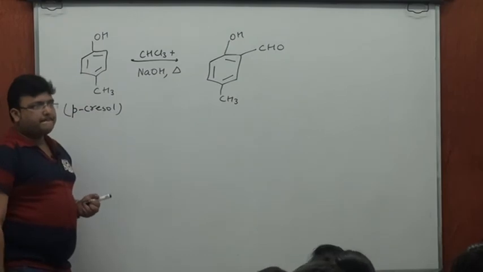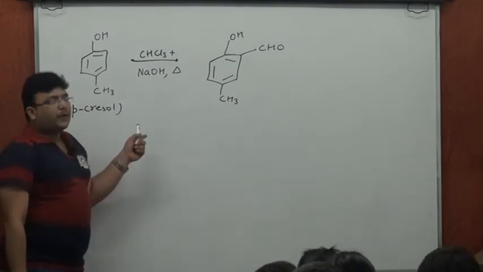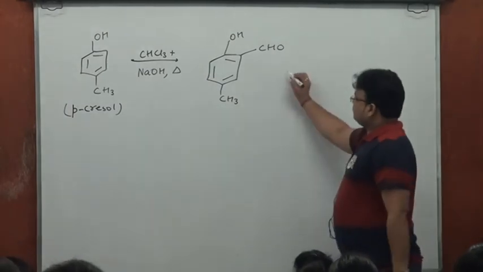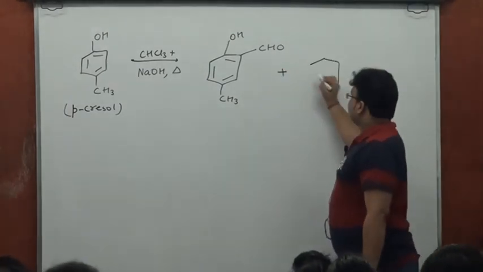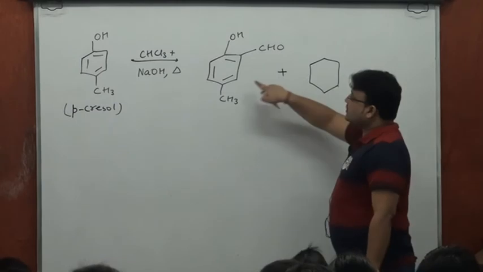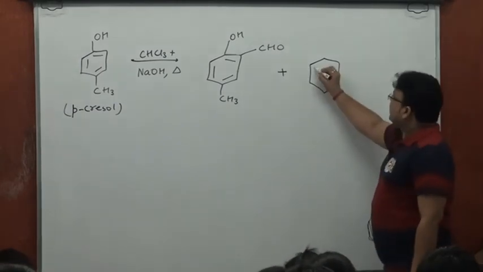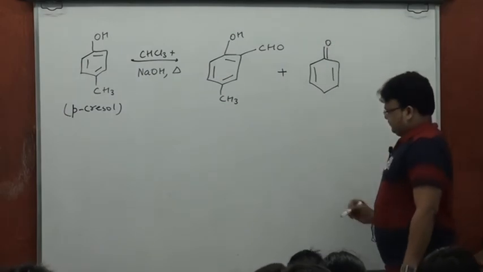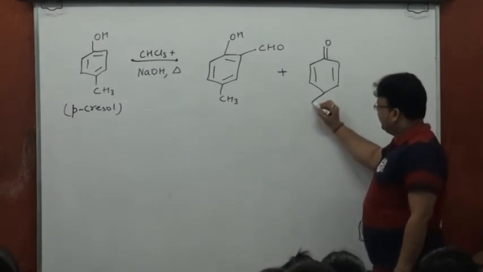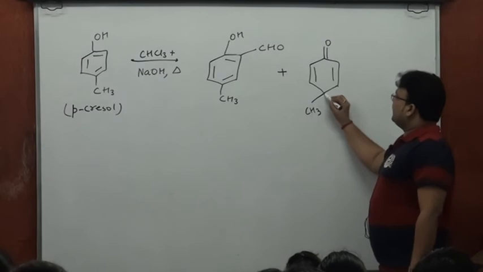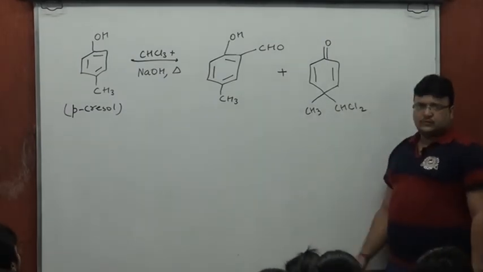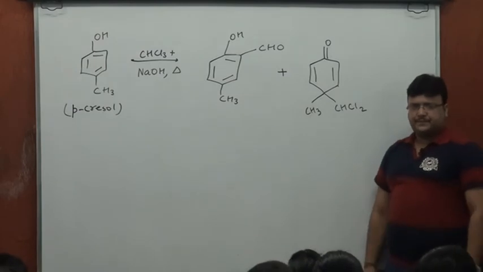Fine. The corresponding para isomer would be very different. Along with this expected product, you get this as another product, double bond O here, then CH3 and CHCl2. Now these are two products obtained.